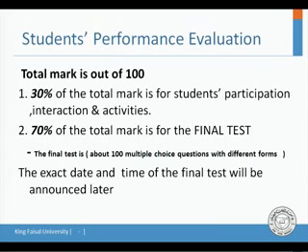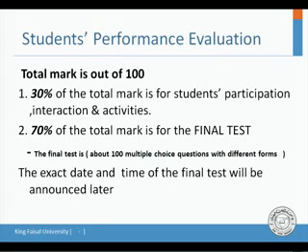And we have the final test. The final test will be 70 marks, so 70% of the total mark is for the final test. And by the way, the final test will be around 100 multiple choice questions with different forms.